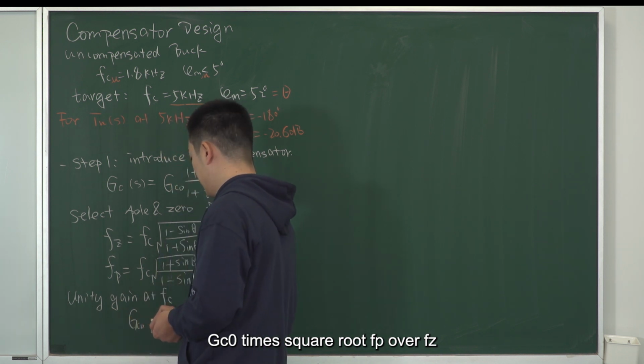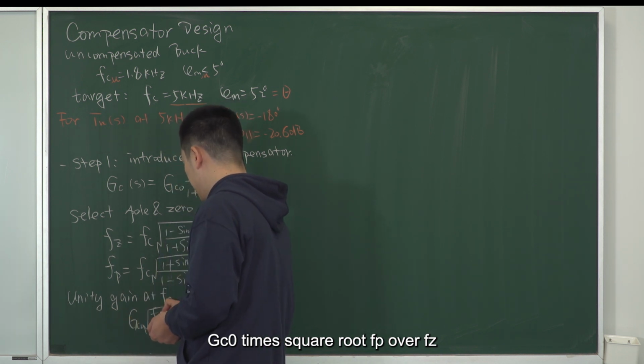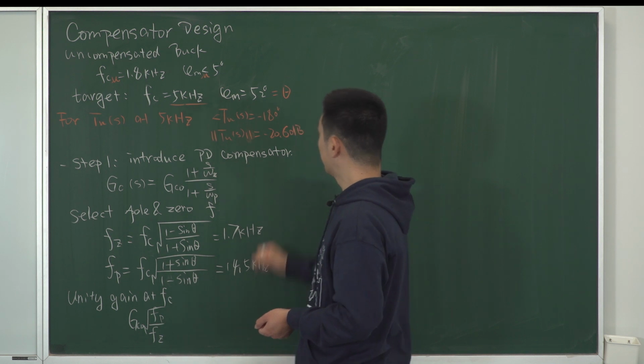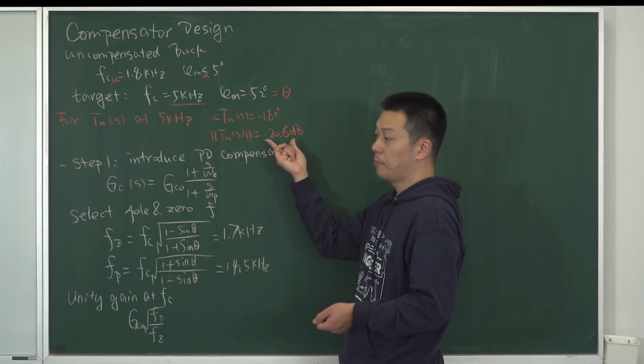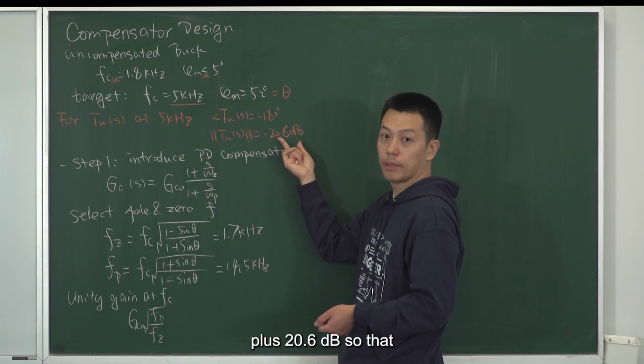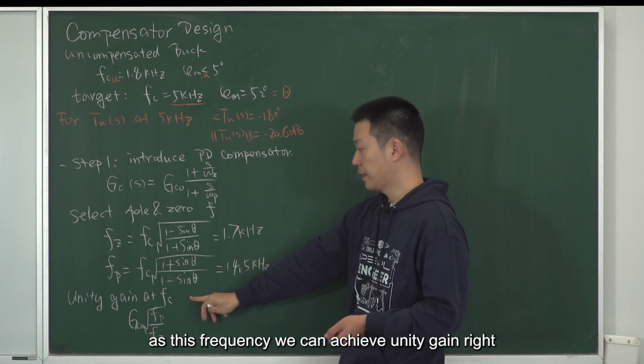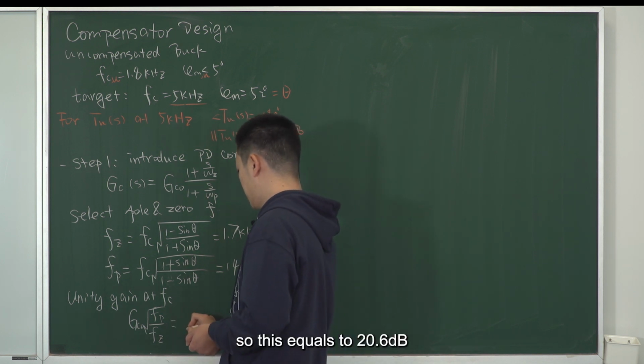GC0 times the square root of Fp over Fz should equal plus 20.6 dB, so that at this frequency we achieve unity gain.